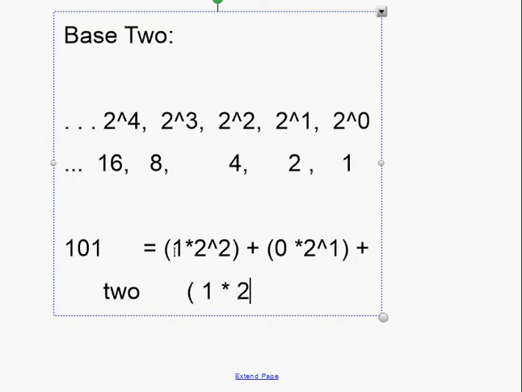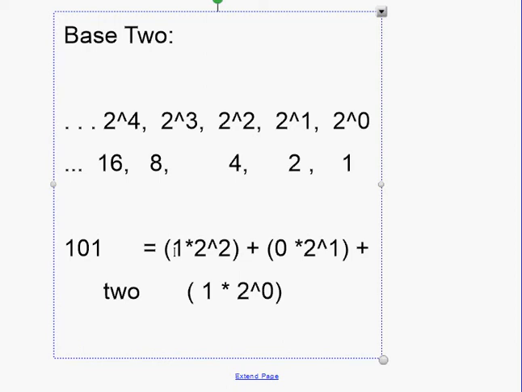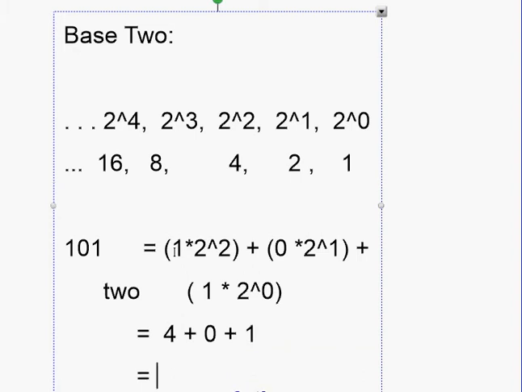Now, changing to base 10. To change a numeral in a base other than 10 to a base 10 numeral, first, find the place value for each digit in the numeral.